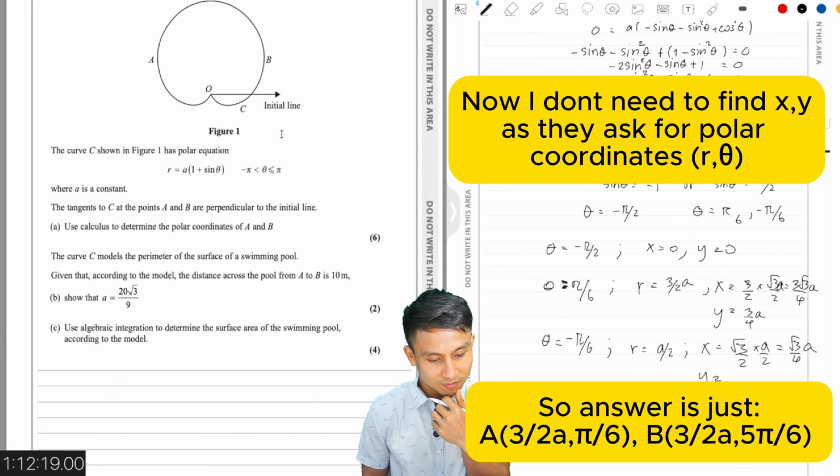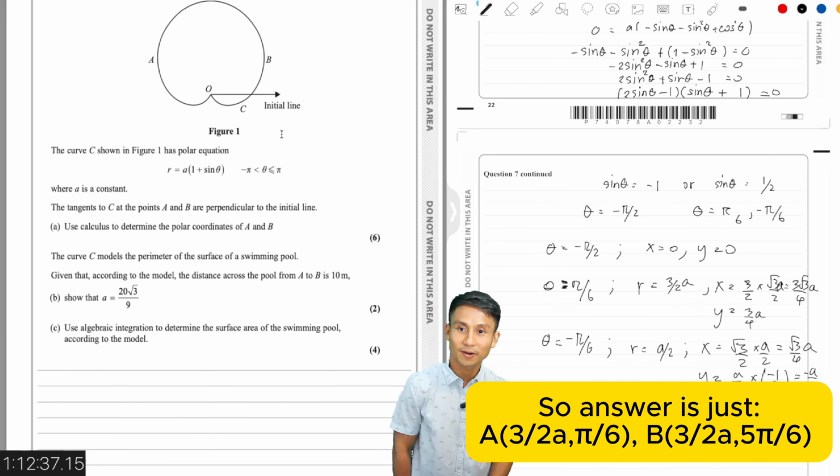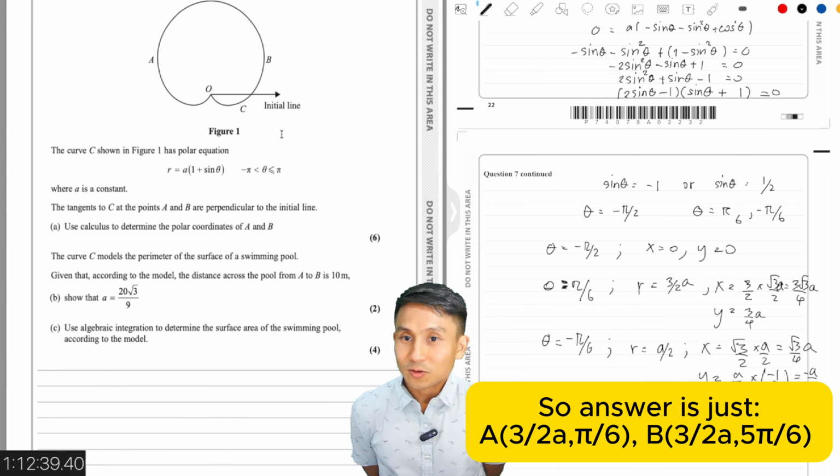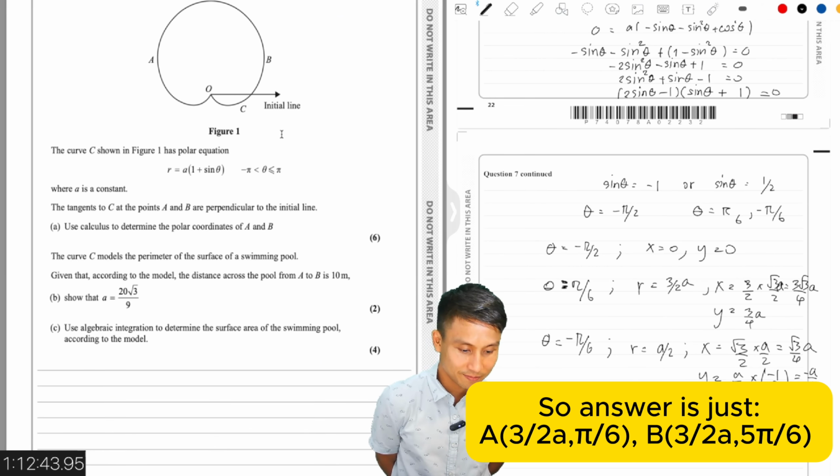Okay, I'm troubled now. Y is r sine theta, a over 2 times sine theta. Sine of that is minus 1 over 2. Wait, what? Doesn't make sense. Minus a over 4. Doesn't look like it's going to be that. I should have x plus and minus. This is not what I expect.